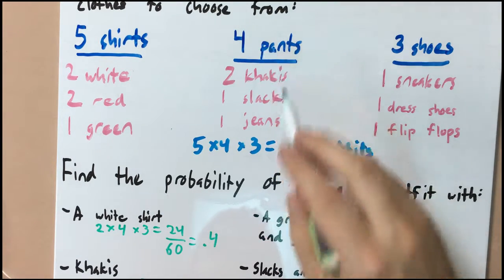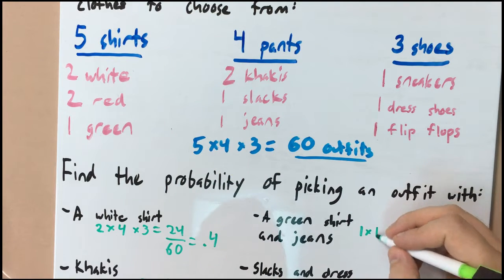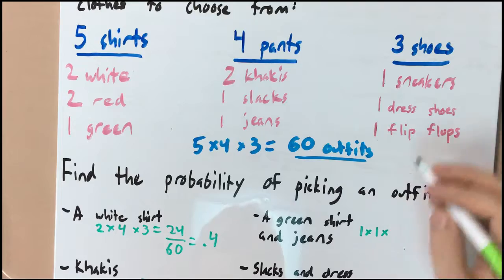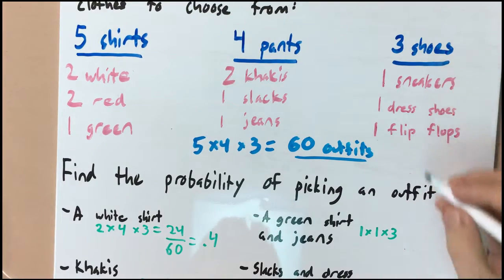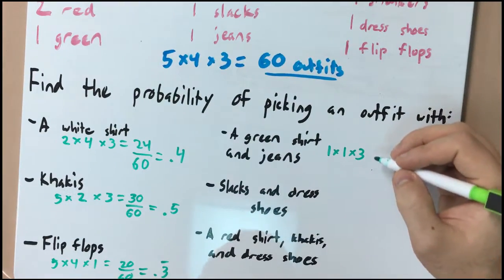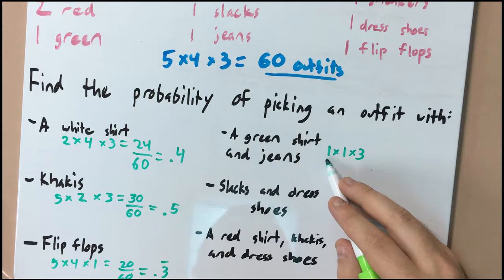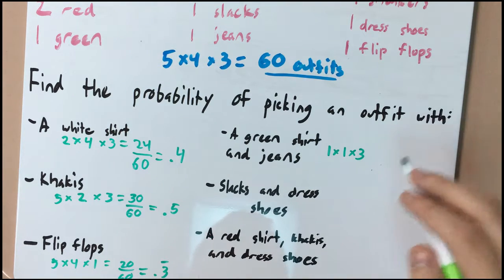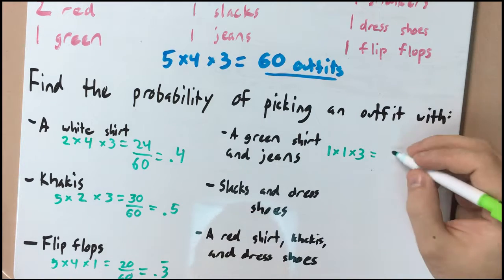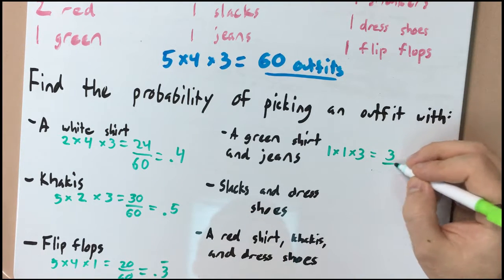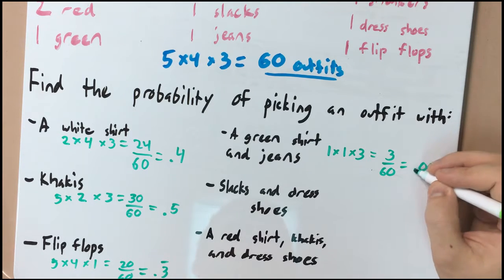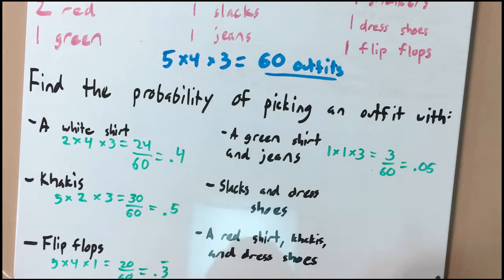Coming to pants, there was just 1 pair of jeans, so that's 1 shirt times 1 pair of pants. And there were no restrictions on shoes, so that's just 3 shoes. Which brings me to 1 for the 1 green shirt, times 1 for the 1 pair of jeans, times 3 for the 3 pairs of shoes. 1 times 1 times 3 gives me 3 out of 60. That's going to be 0.05 or 5%.